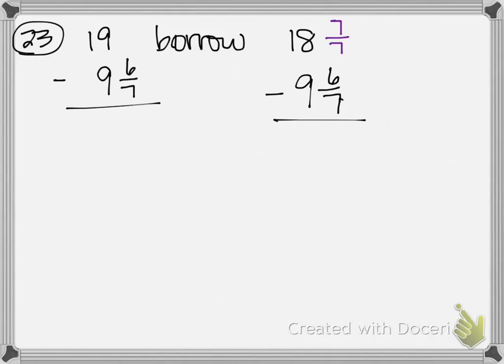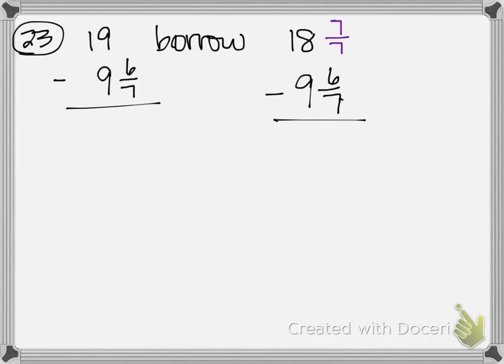So 18 and 1 makes 19. Now the reason, why did I do 7 over 7? How come did I just randomly pick that number? No, I need a common denominator of 7. So I need to rewrite that fractional part with a denominator of 7 because I need them to be like denominators. Now I can subtract.